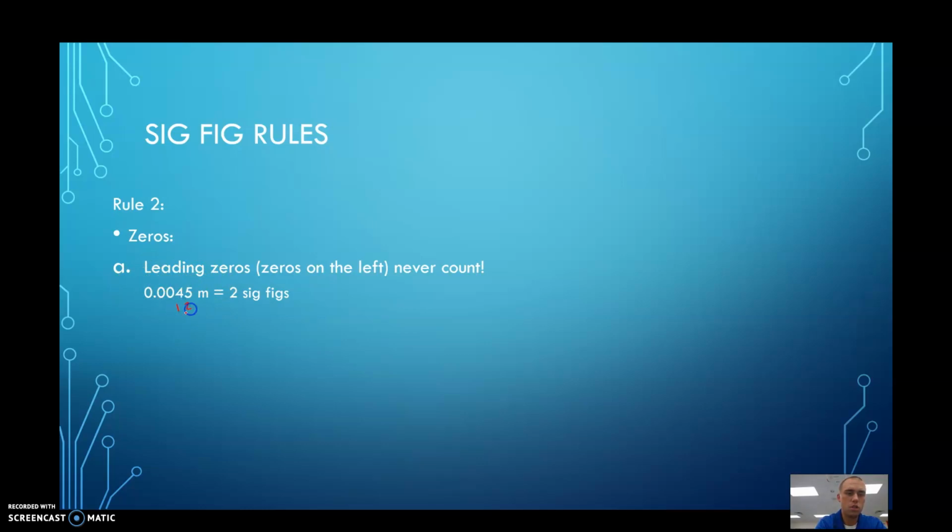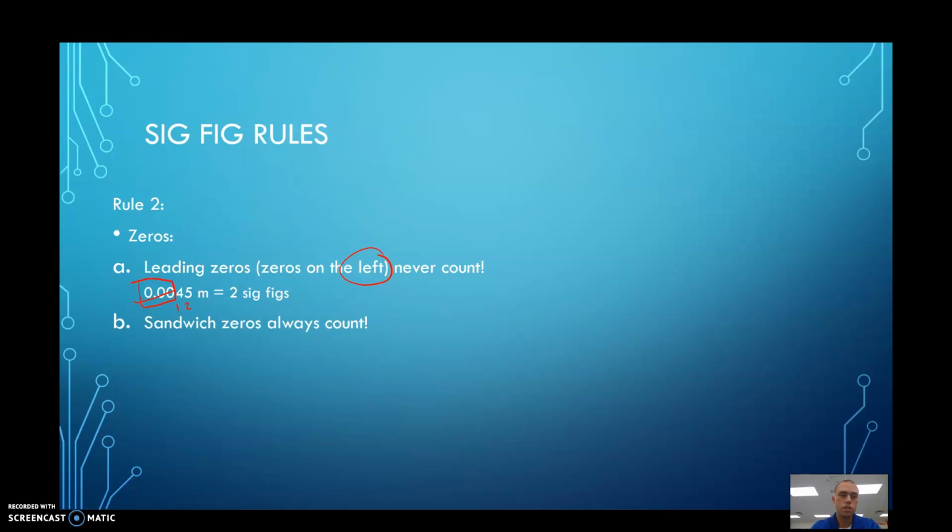There's 1, there's 2, because these 3 zeros are on the left and they don't count. Okay? They are not significant, so we don't count them. We only count the non-zero digits in this case. Okay? So leading zeros on the left-hand side never count.